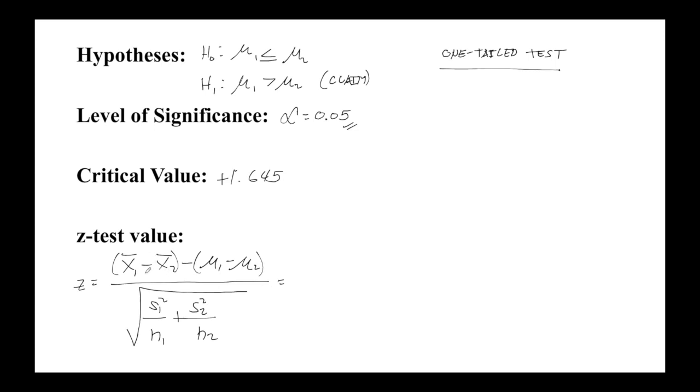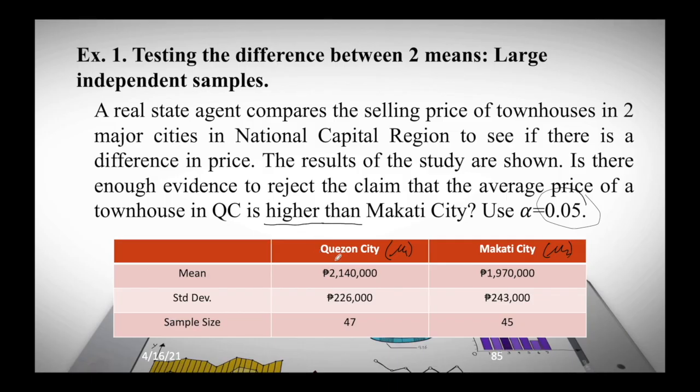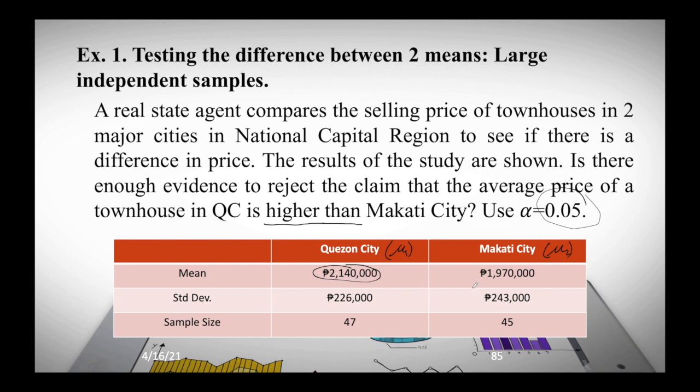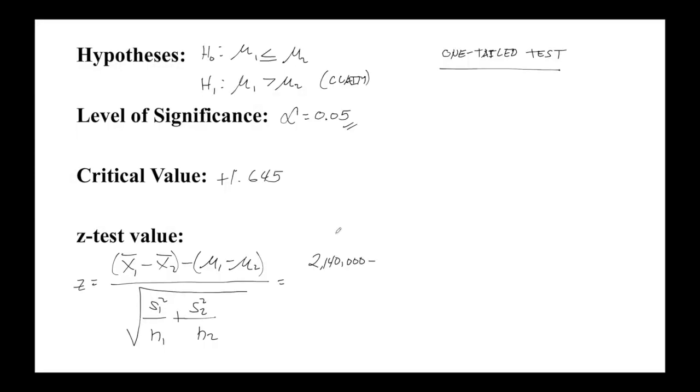So x sub 1 bar, the mean of Quezon City, is 2,140,000, minus x sub 2 bar, the mean of Makati City, which is 1,970,000.